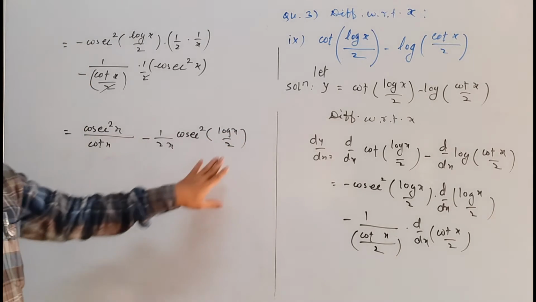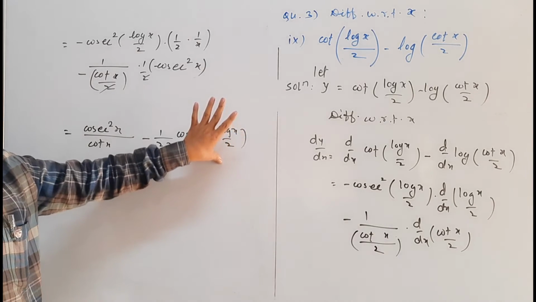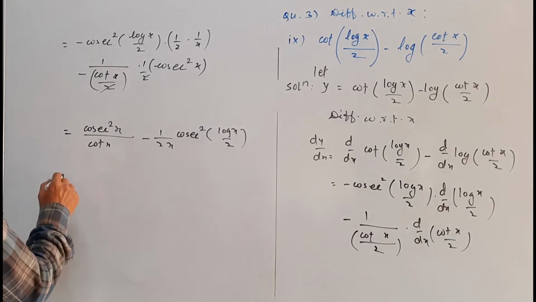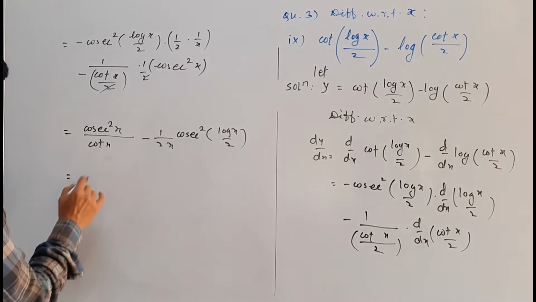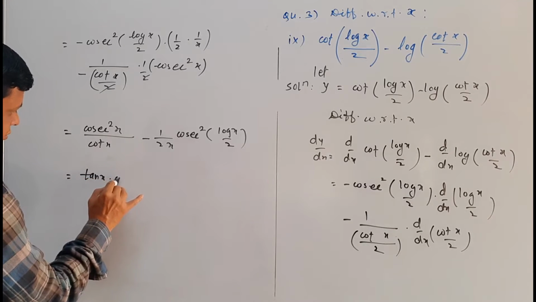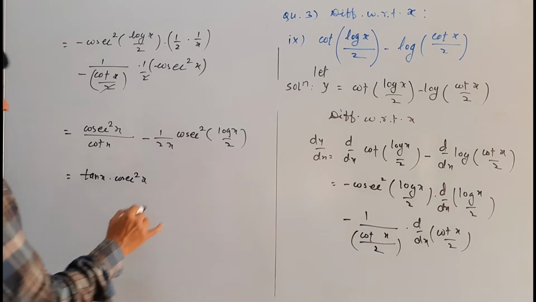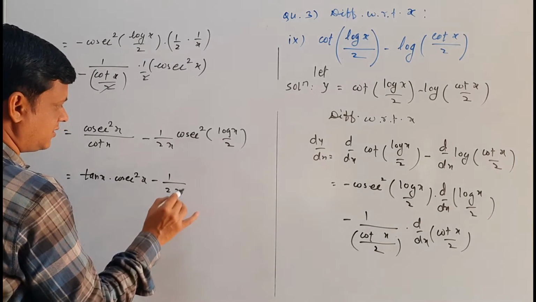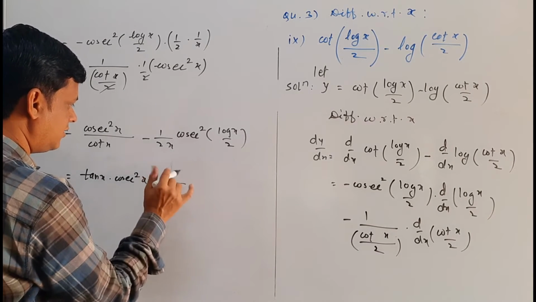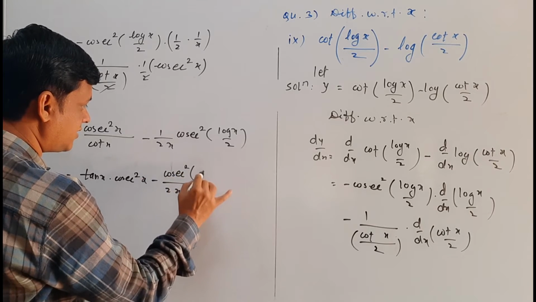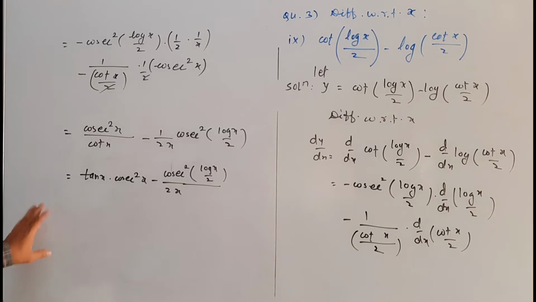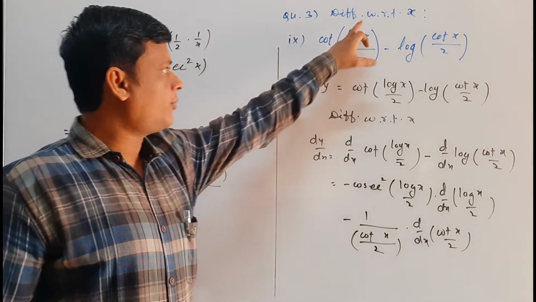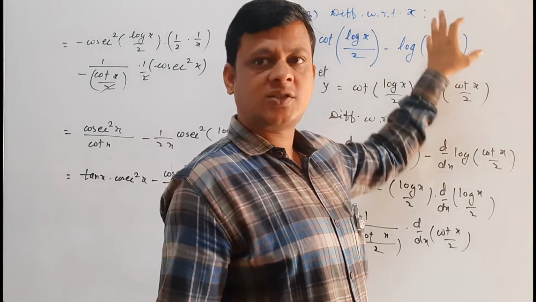So don't multiply these two with these two because this is in angle form. Now this 1 upon cot x can be written as tan x. So we write here tan x into cosec square x minus 1 upon 2x, or you can write cosec square of log x by 2 upon 2x. So in this way we differentiate this cot of log x by 2 minus log of cot x by 2.